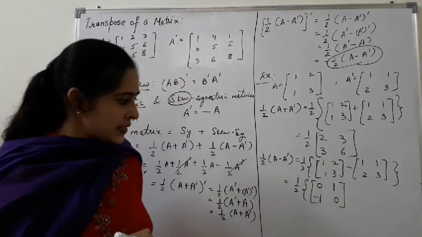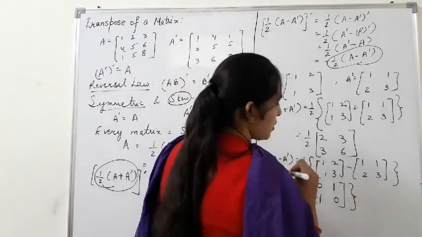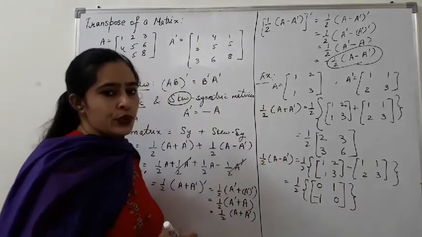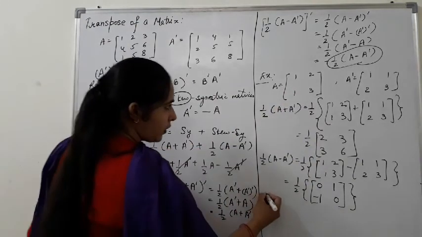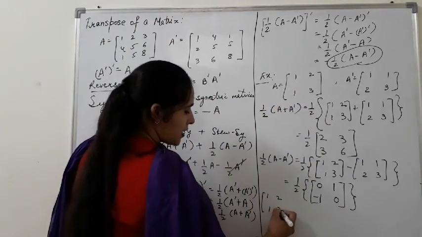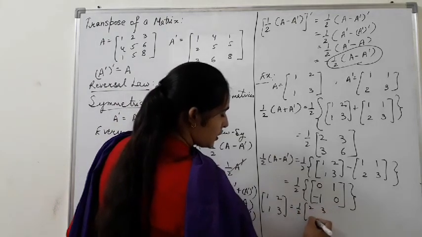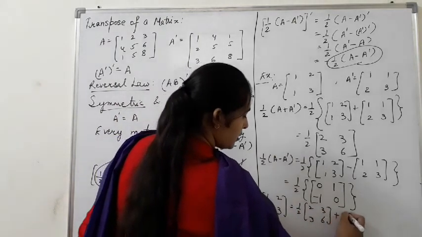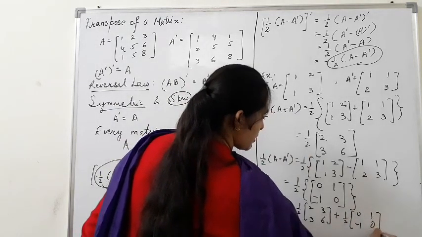Now you can see that this matrix is also skew symmetric. Now we can write this A as a sum of a symmetric and a skew symmetric matrix.